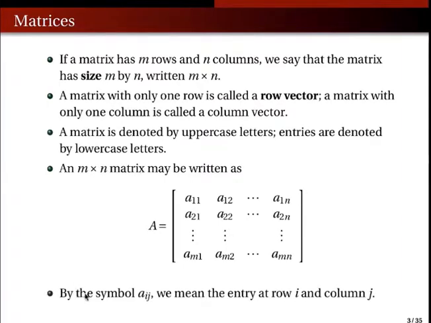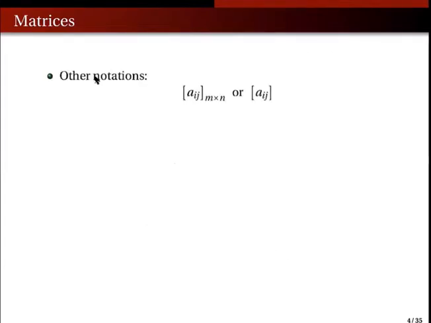Now, by the symbol aij, we mean the entry at row i and column j, just like what I discussed earlier. So there are other notations that can be used. You have your aij in small square brackets, and then the subscript of this bracket is m by n.